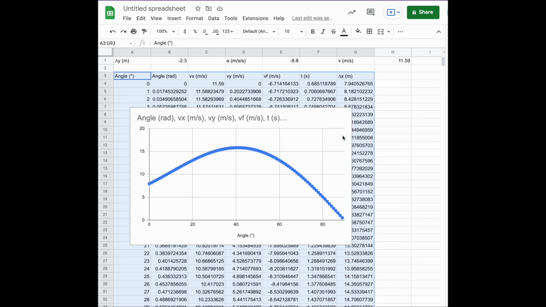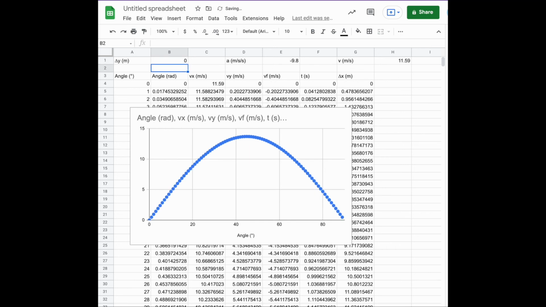The beautiful part about all this is if we wanted to go in and change the height from which he threw it, or the acceleration due to gravity, or the speed, our chart and our table would change dynamically. So again, if we threw it from the ground, we see our thing changes totally, and we now maximize around 45 degrees like we saw in lab.